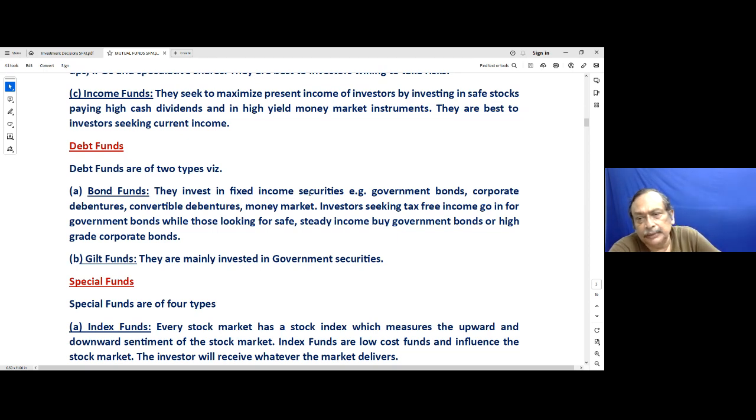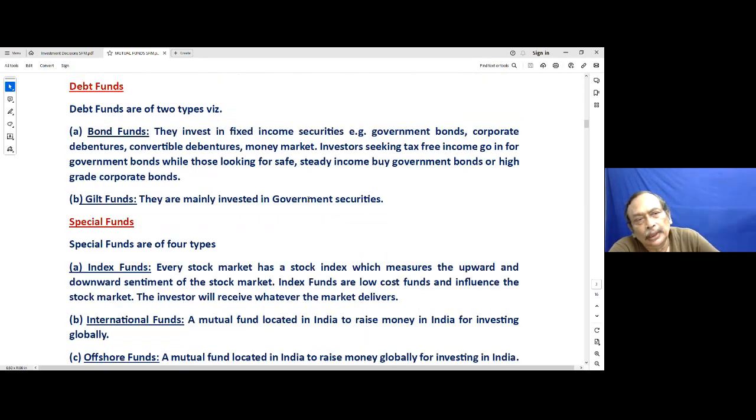Investors seeking tax-free income go in for government bonds, while those looking for steady income go for government bonds or high-grade corporate bonds. Next, we have gilt funds. They are mainly invested in government securities.